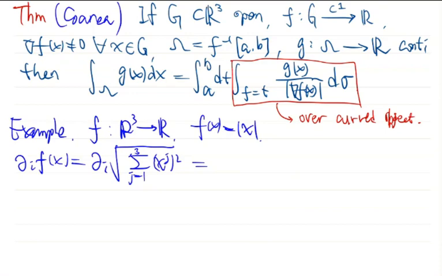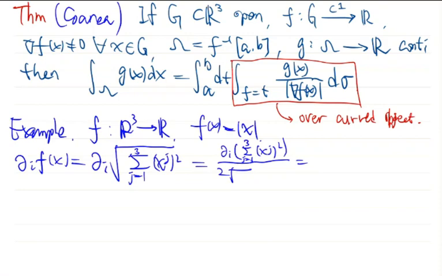By an easy computation, the square root gives 1 over 2, and the derivative of this sum of x_j squared, taking derivative with respect to x_i.